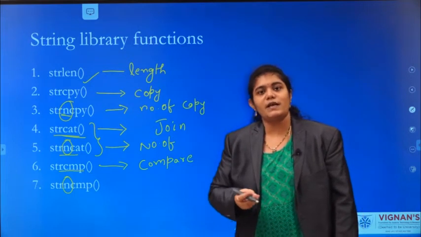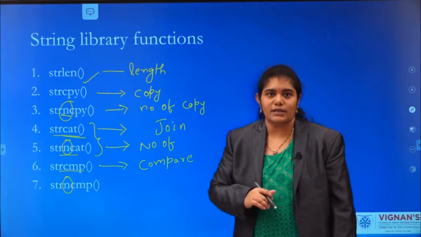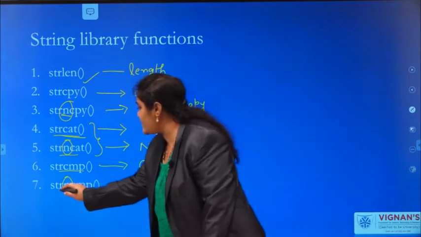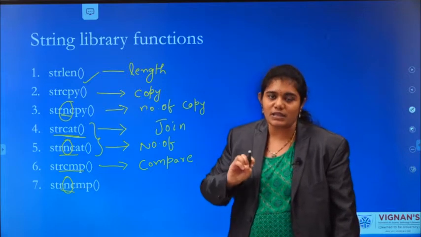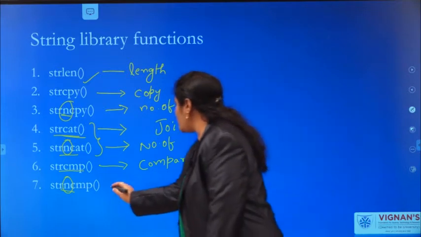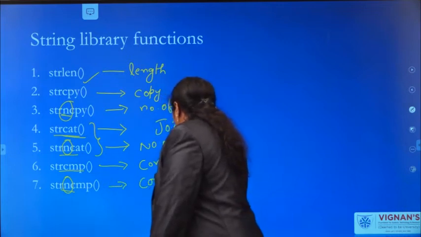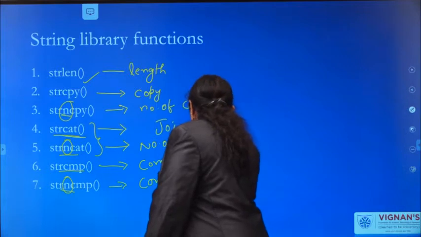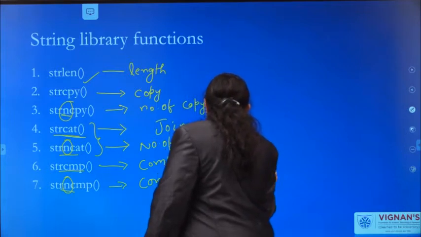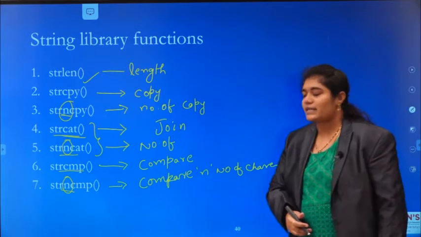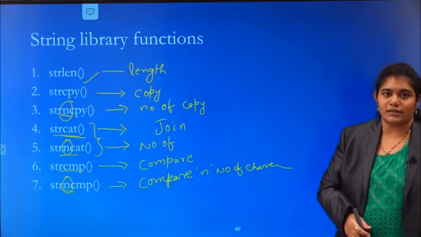In strcmp the whole strings are compared, but in strncmp you compare only a particular number of characters in the given strings. strncmp is used to compare n number of characters.